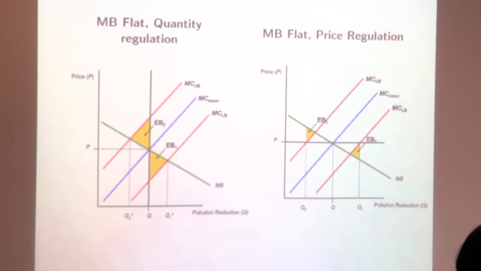Or by whoever's doing the pollution reduction. So my point is, it's uncertainty about that person's benefits or costs, relative benefits and costs, that matters in terms of choosing between prices and quantities. It's uncertainty about the cost and benefit schedule of the decision maker that's critical. And that's what you see here in the basic Weitzman setup as well.